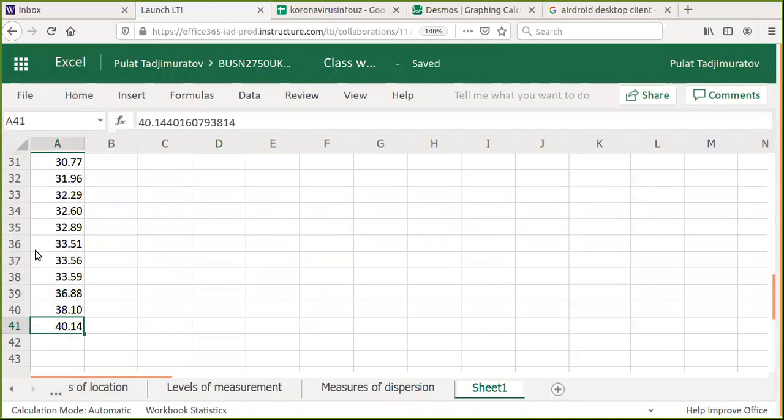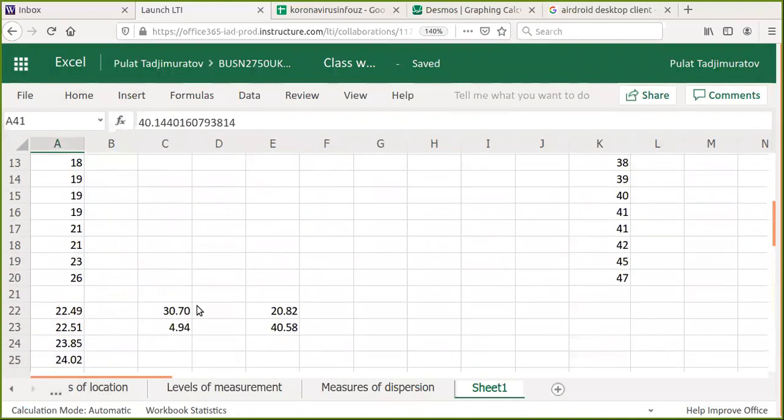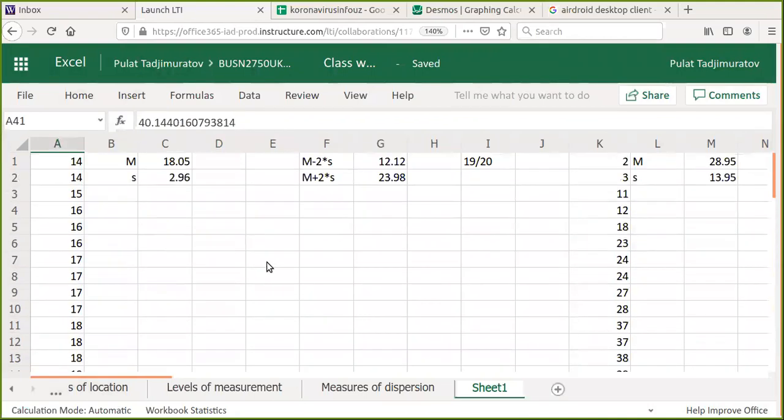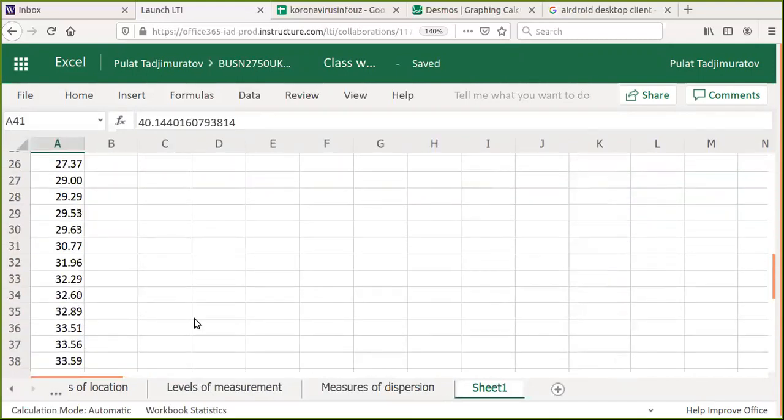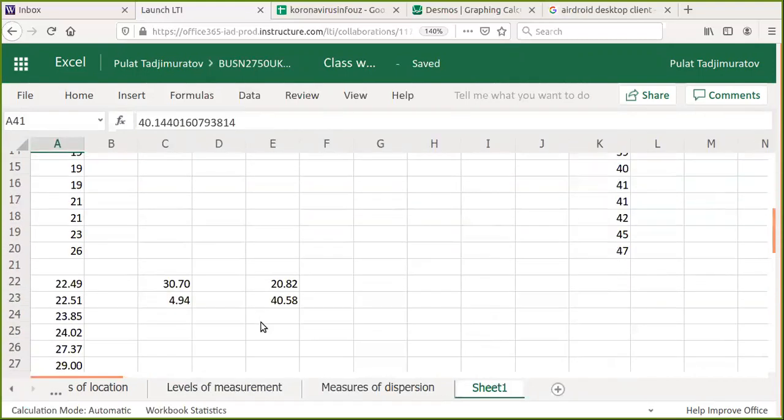Oh, okay, again, all of them. We are lucky today. So you can see that it's a big percentage of our numbers. 95% here are within two standard deviations. 100% here and here are also within two standard deviations.